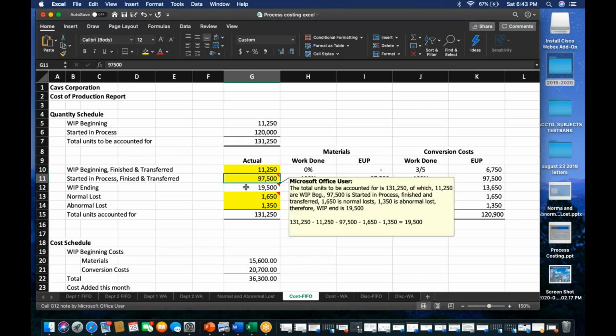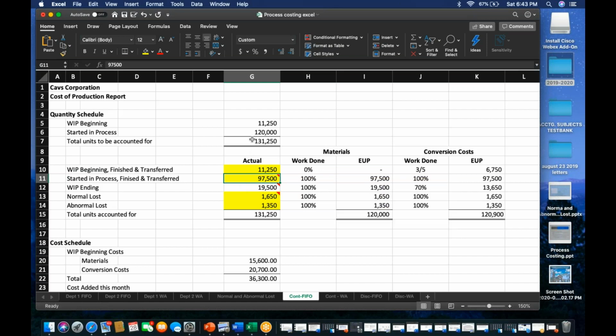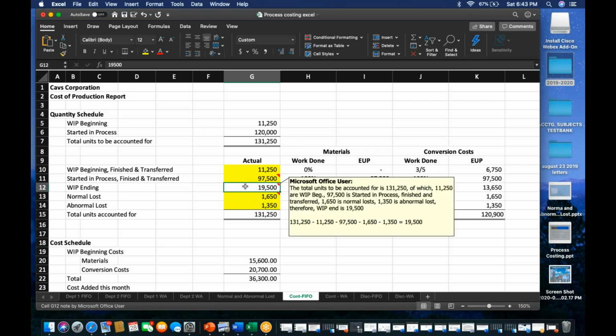If the total units to be accounted for is 131,250, deduct mo lang lahat ng mga may kulay na, we will get 19,500. 131,250 minus 11,250 minus 97,500 minus 1,650 minus 1,350, 19,500 yung work in process end natin.